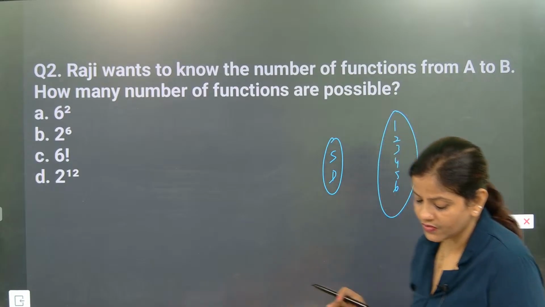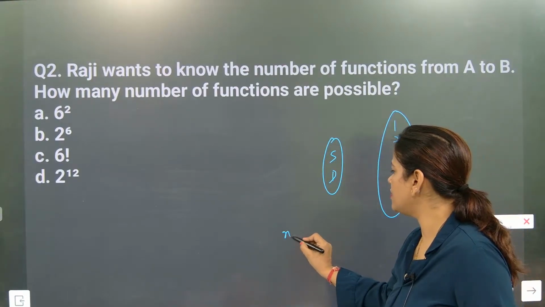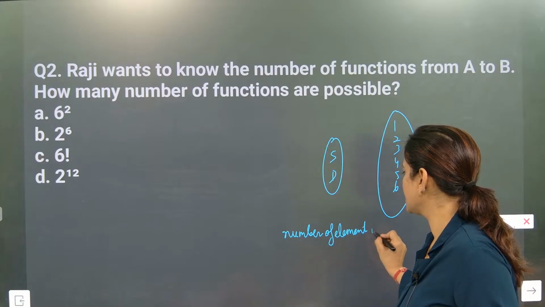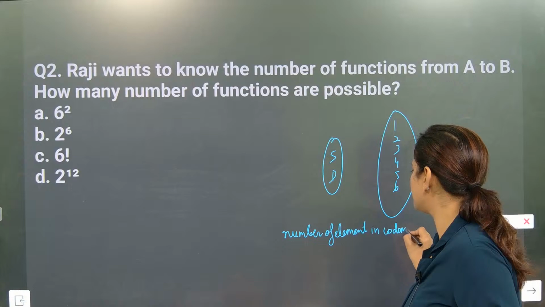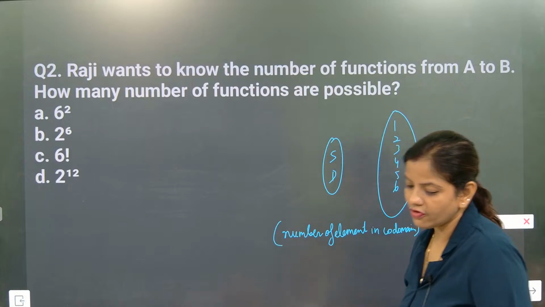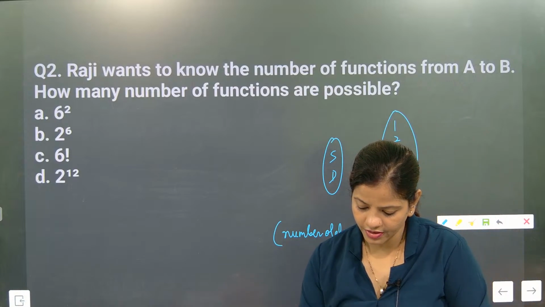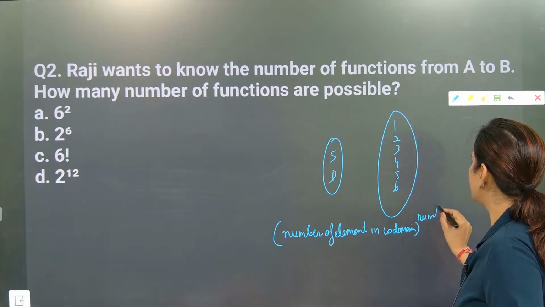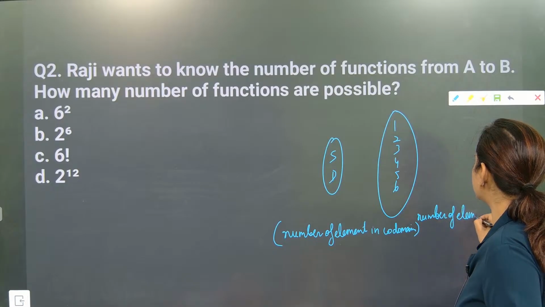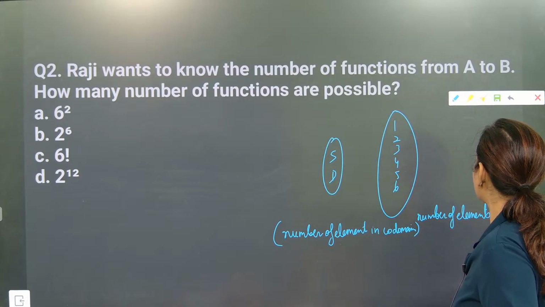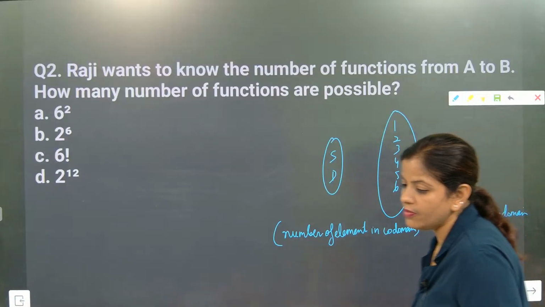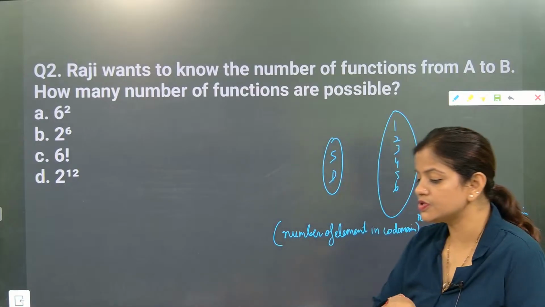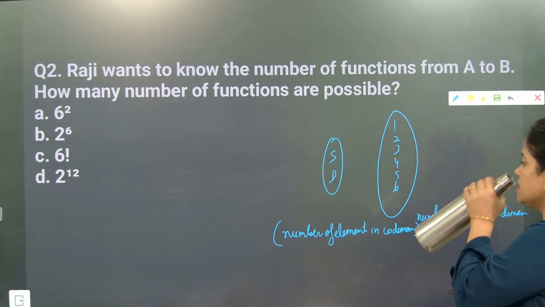The formula is very clear: the number of elements in the codomain to the power of the number of elements in the domain. So this is the most important thing. Now we are going to solve this question.